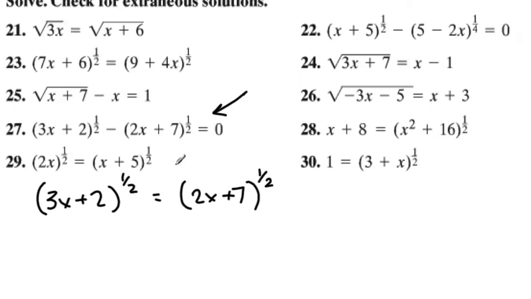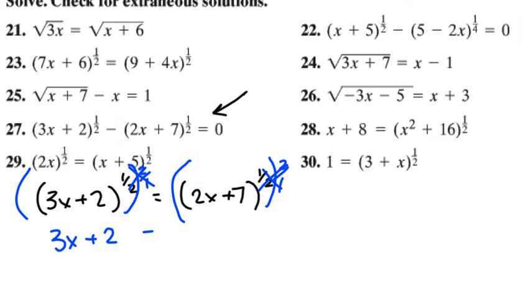In order to get rid of this fractional exponent, we're going to raise it to the reciprocal, or take both of them to the power of 2. Remember, what we do to the left, we have to do to the right, so that's why these are both 2's, and 2 is your least common denominator. Okay, so these cancel out, and you have 3x plus 2 equals 2x plus 7.